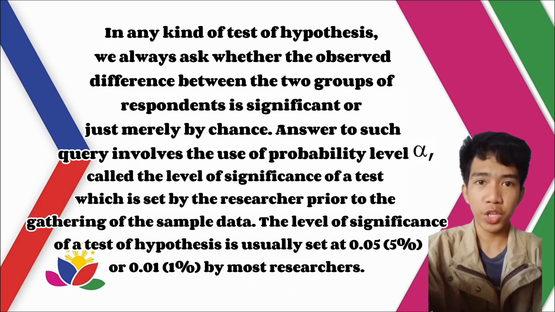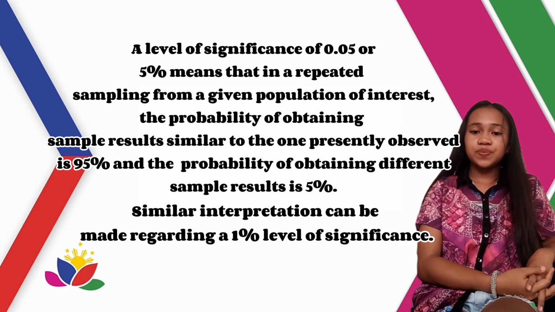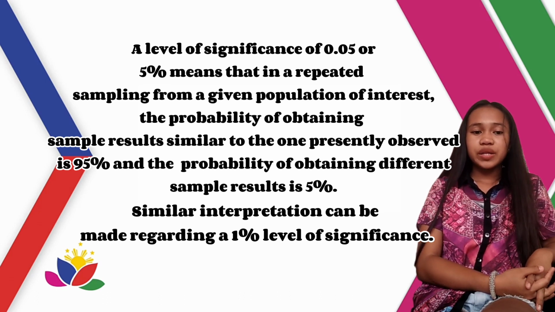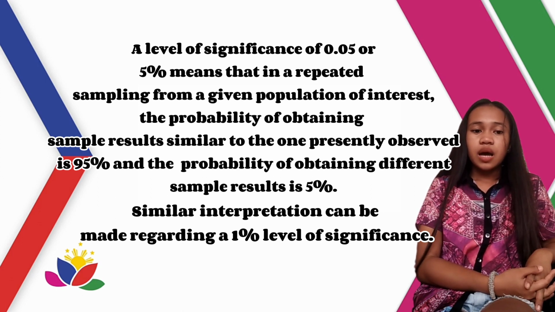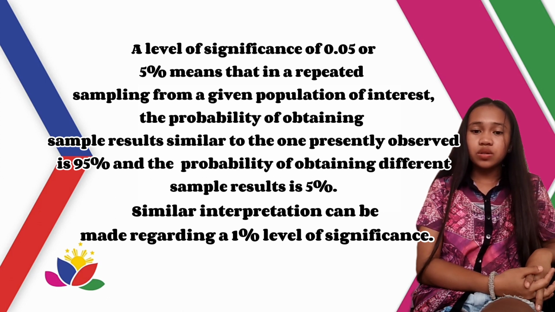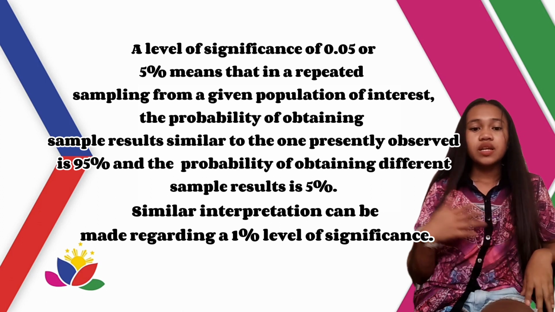or 0.01, or 1%, by most researchers. A level of significance of 0.05 or 5% means that in repeated sampling from a given population of interest, the probability of obtaining sample results similar to the one presently observed is 95%, and the probability of obtaining different sample results is 5%. A similar interpretation can be made regarding a 1% level of significance.